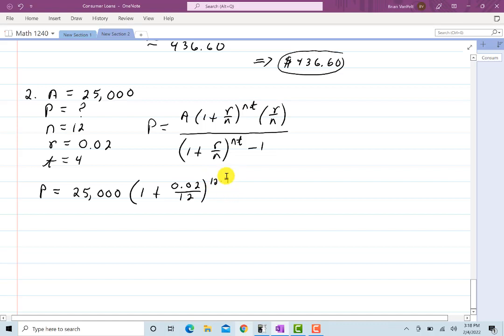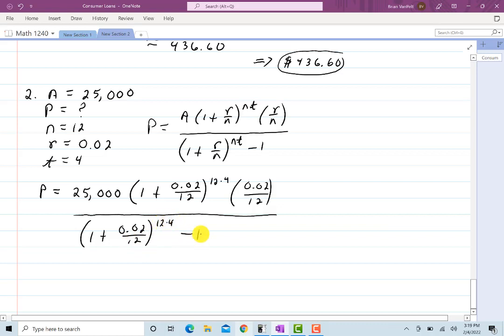So if you just know the number of payments, you don't have to do that little calculation. Just put the total number up there. Anyways, the R over N is 0.02 over 12. And then we are going to divide this whole thing by 1 plus 0.02 over 12 to the 12 times 4, minus 1.